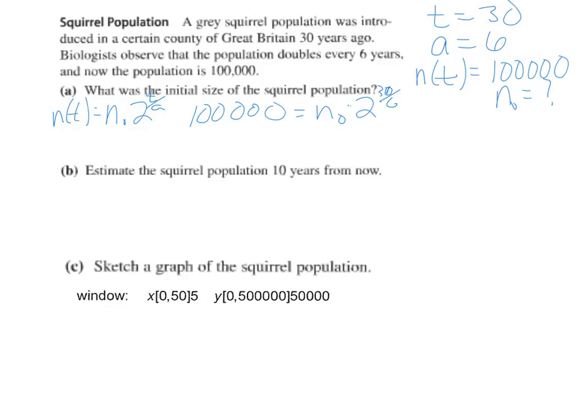Divide both sides by 2 to the power of 30 over 6, which is really 2 to the 5th. And in the calculator, that ends up being 3125 squirrels.